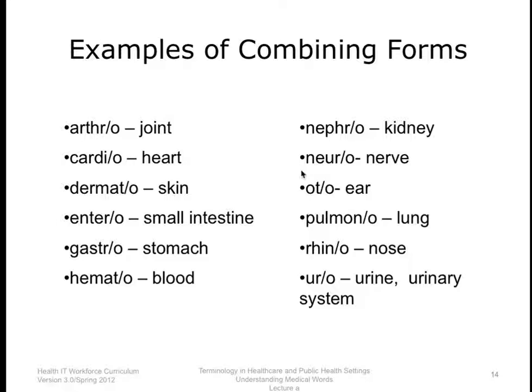Neur means nerve. Ot means ear. Pulmon means lung. Rhin means nose. Ur means urine or urinary system. So you can see on each of those, again, a way to think about it is you put that combining form of O on the end if you're going to put another root word behind it.